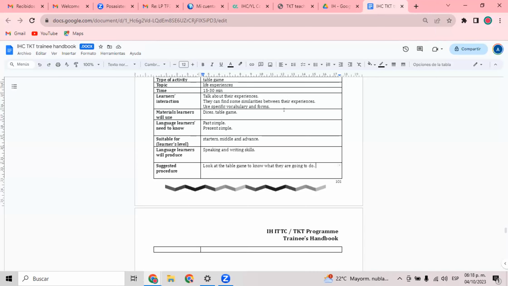Then someone threw the dice and answered the question.